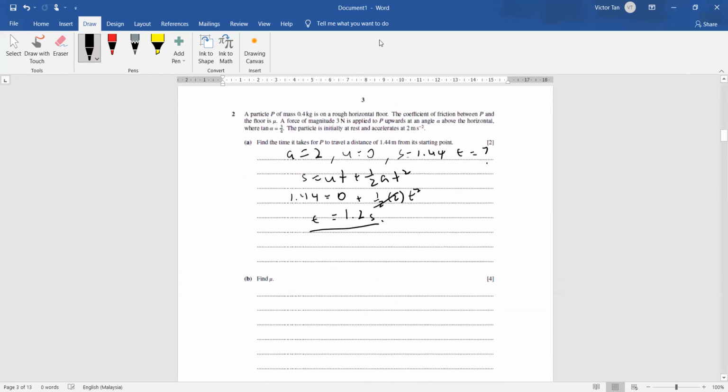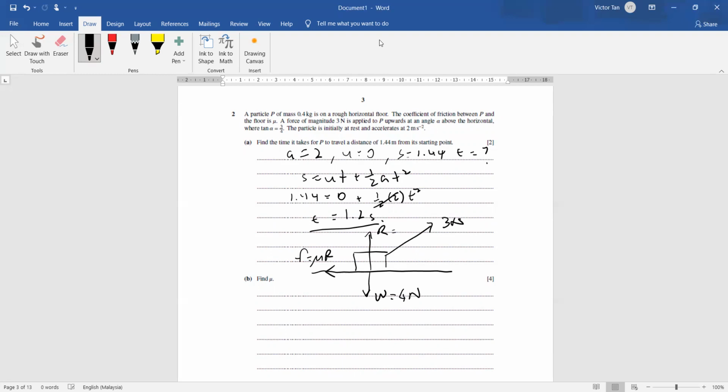Find mu. Now in this type of question, it's better if you draw out the problem. So this is your particle. This is 3 newtons. This is your friction, equal to mu R. This is your R. This is your weight, equals 4 newtons.